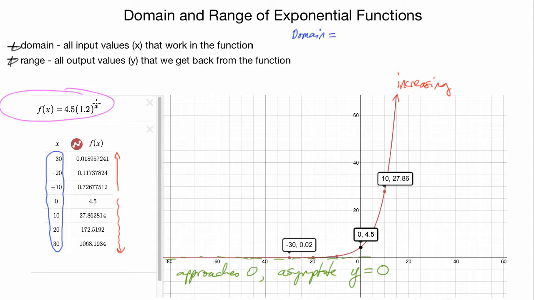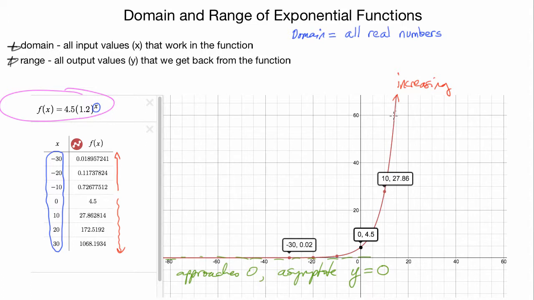And if I think about what I can put into that exponent for x, I can pretty much put in anything: decimals, fractions, negative numbers, small numbers, large numbers. So the domain of this exponential function is all real numbers: fraction, decimal, positive, negative. I can put anything in for x, calculate it out, and get some value for a result.